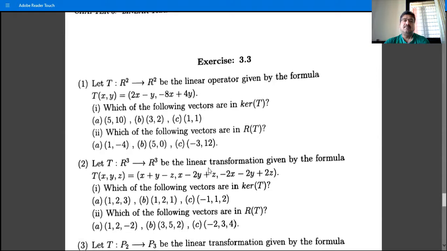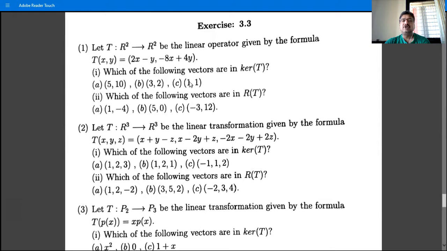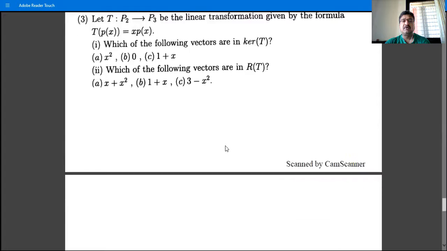This is a problem of the same type: which of the following vectors belong to the kernel of T, or belong to the range of T. Solve all these problems.